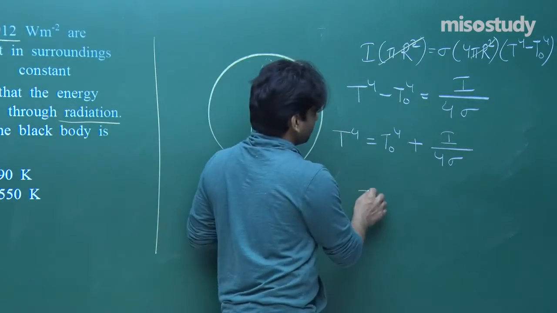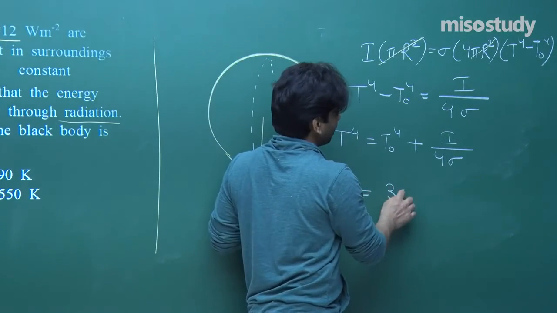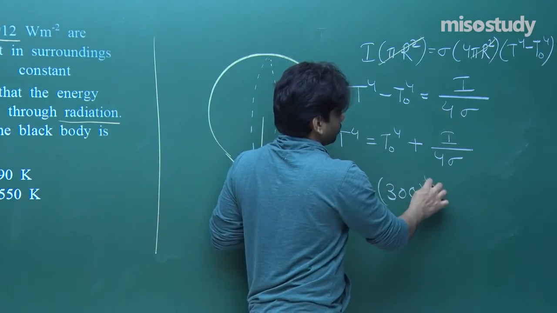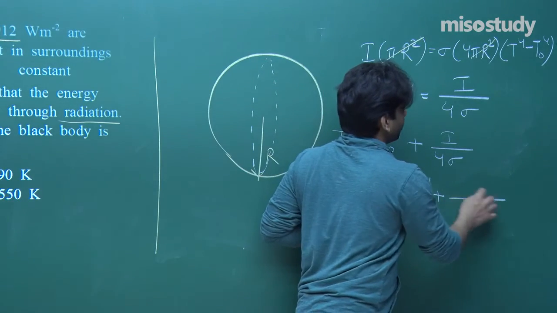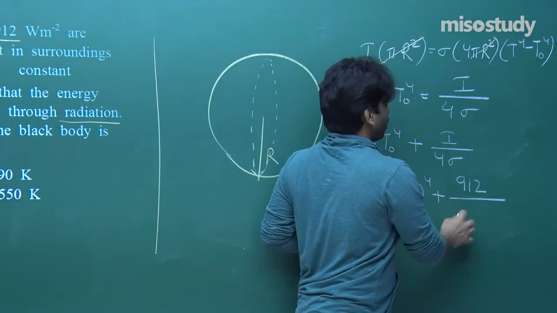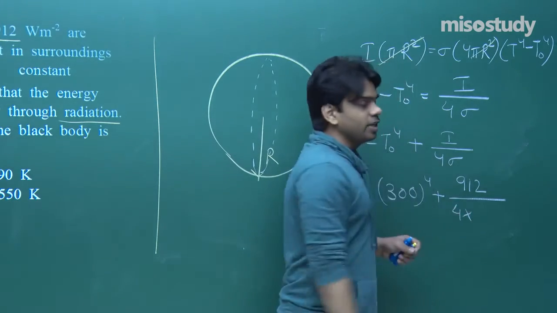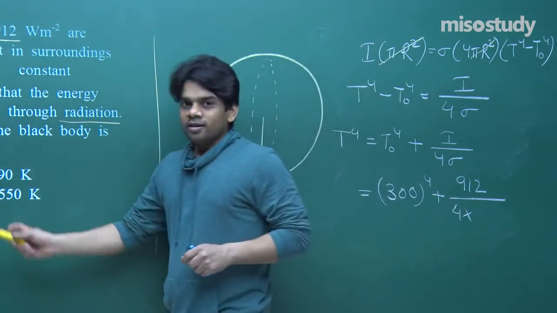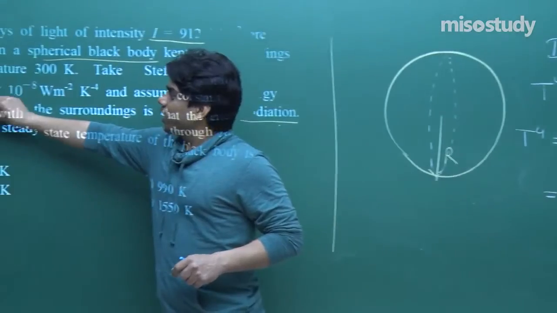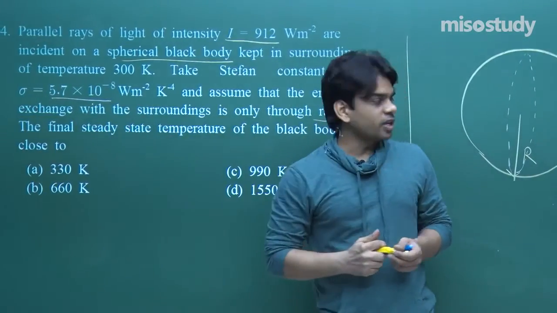Let's go ahead. T naught to the power 4 is 300 to the power 4, and the I value is 912 with proper SI units, divided by 4 into the value of sigma, 5.7 into 10 to the power minus 8. Put it here.